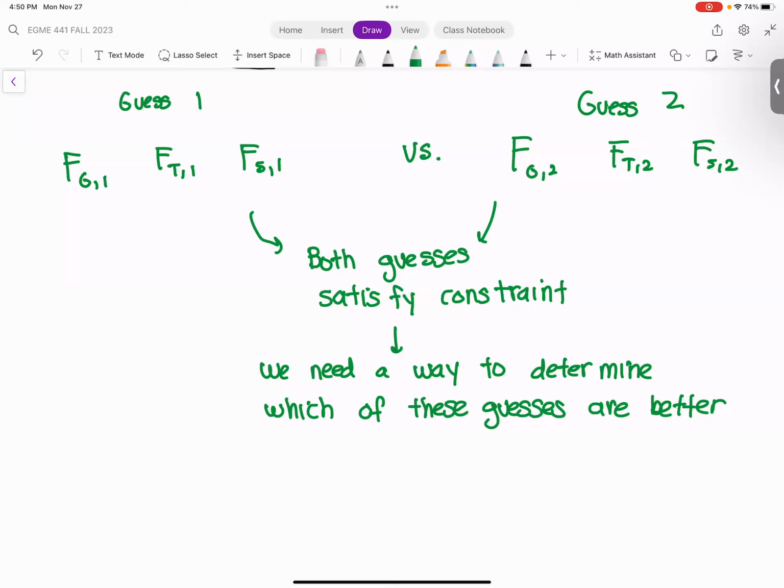So the objective function is usually just one function, which mathematically gives us a way to say which solutions are better than others. Okay. Because when you have an under constrained system, and essentially this is what it is, right? We have more unknowns than we have equations. There are an infinite amount of solutions that can satisfy that system, right?